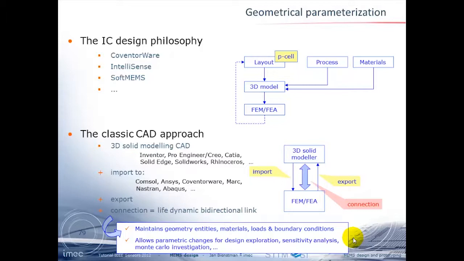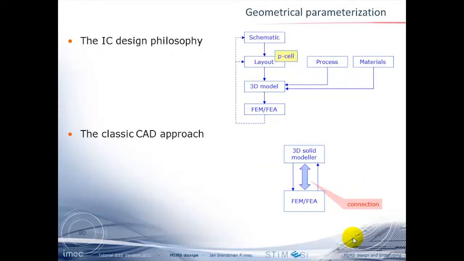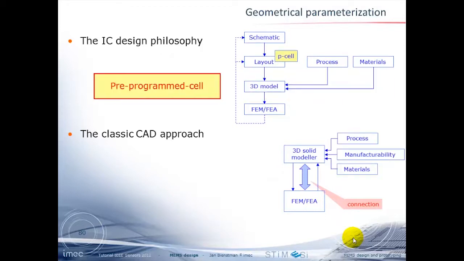It also allows, once you have come to a model, that your solver is driven in a parametric mode, and you can do Monte Carlo analysis or whatever, and let the solver run. Just a little bit further. This typically is the pre-programmed cell.